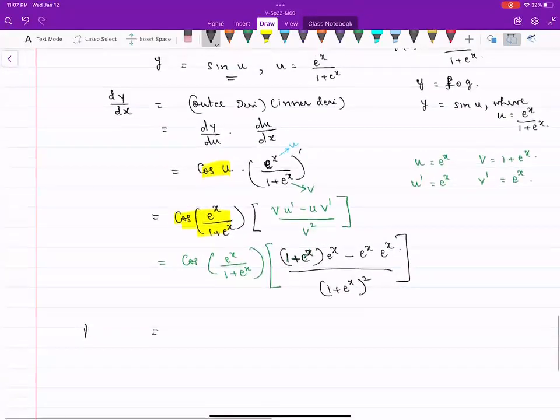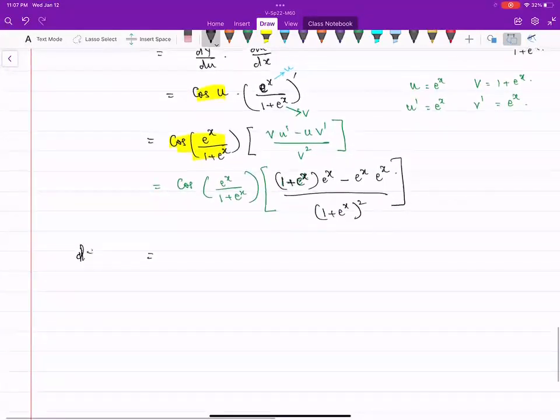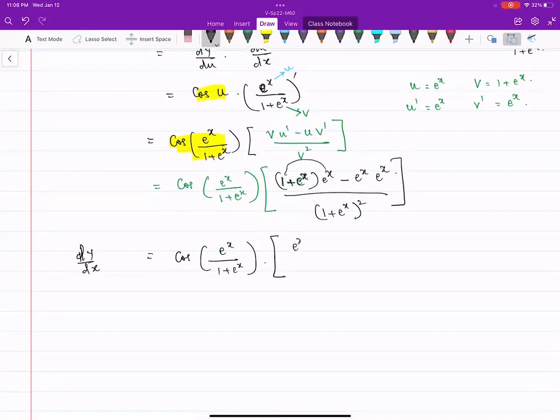So dy by dx would be cosine of e to the x over 1 plus e to the x, times, you have to simplify these, which is e to the x, distribute the e to the x. e to the x times e to the x is e to the 2x, and minus e to the 2x, divided by 1 plus e to the x, the whole square.